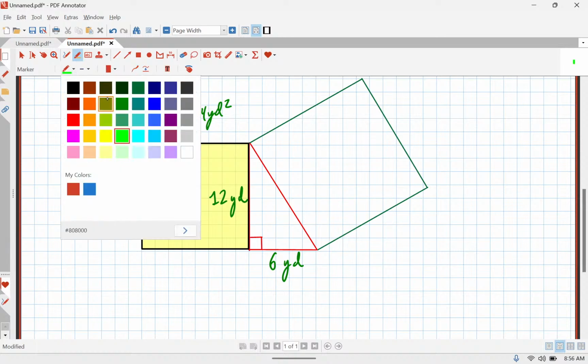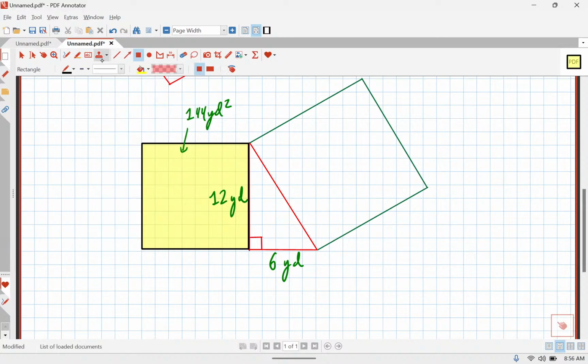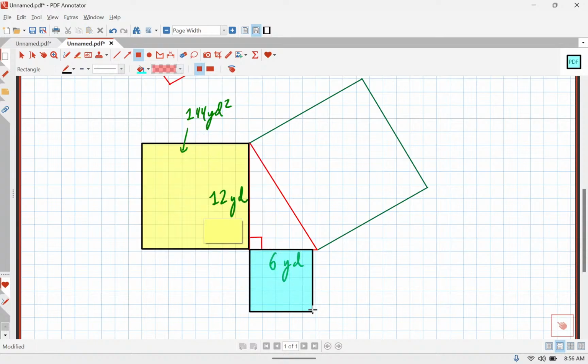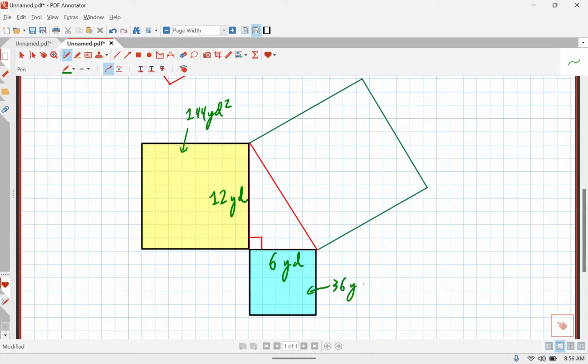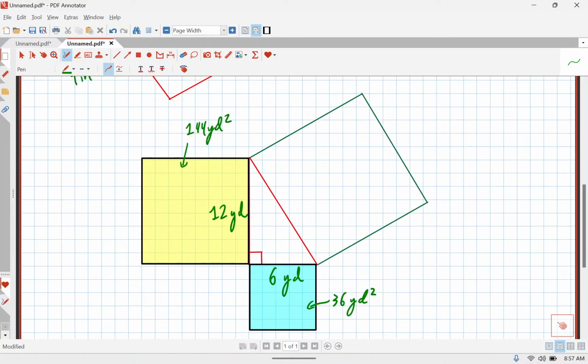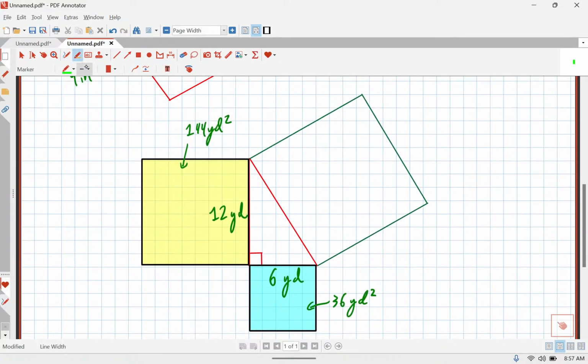And 6 times 6, that would give you the area of this itty bitty square over here, which would be 36 yards squared. And what'd you do with that number? Exactly, because the Pythagorean theorem states that the area of the blue square and the yellow square is going to add up to this big square right here, which I've elected to make purple.